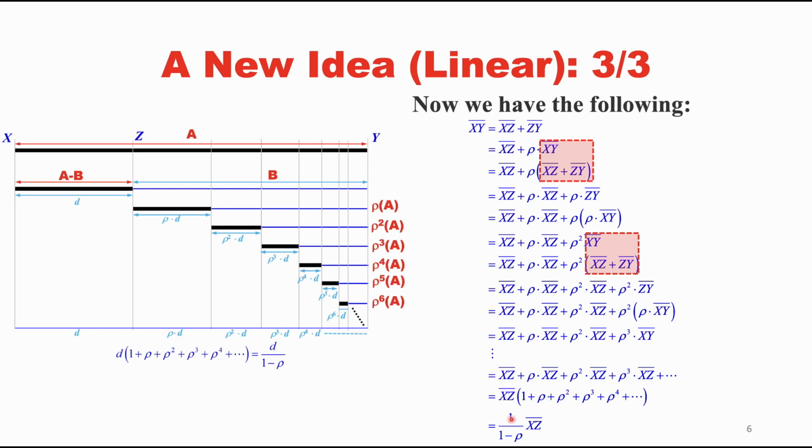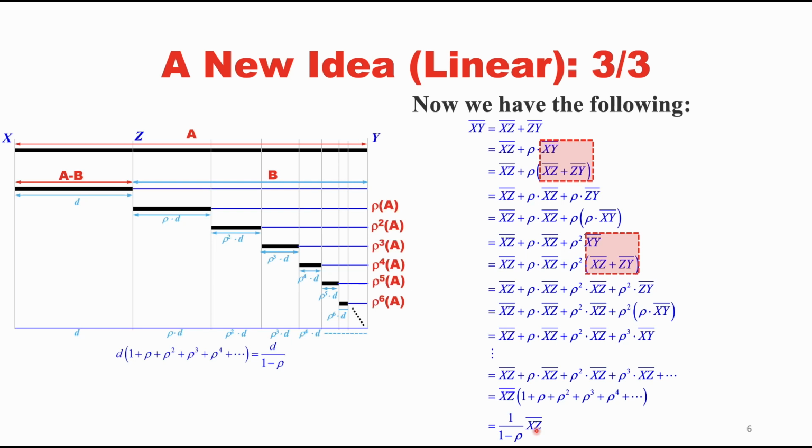The sum is 1 over 1 minus rho. Therefore, the length of XY, given the scaling factor rho and the initial part A minus B, is calculated as 1 over 1 minus rho times XZ.